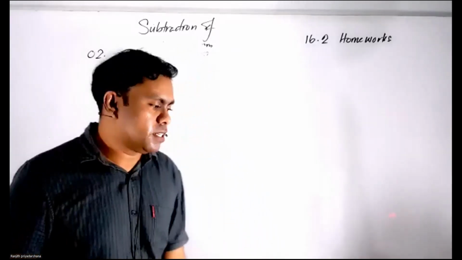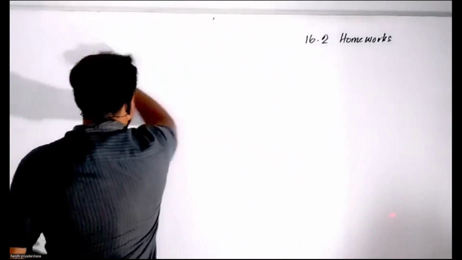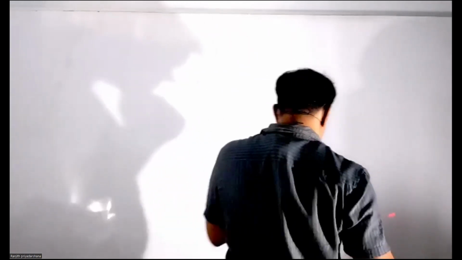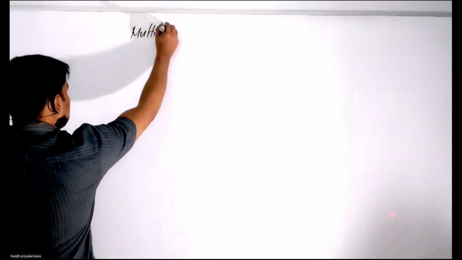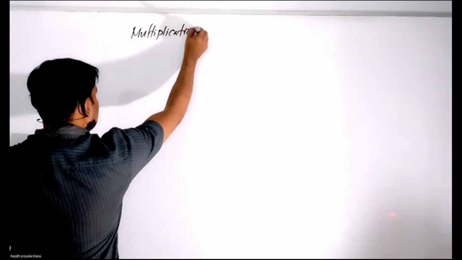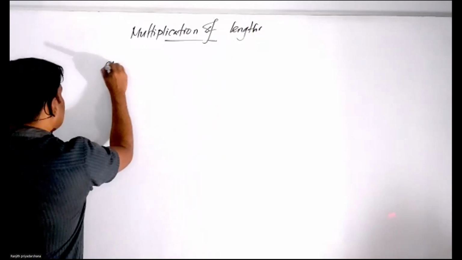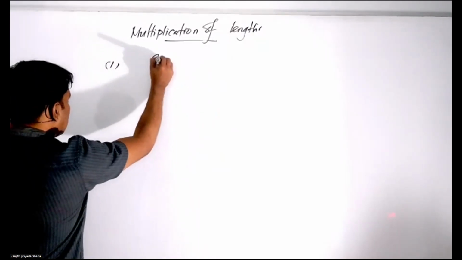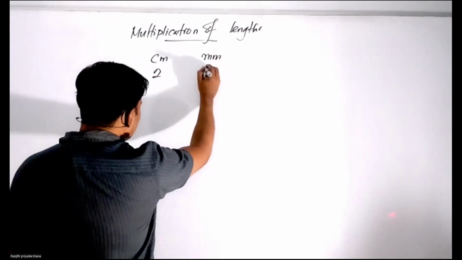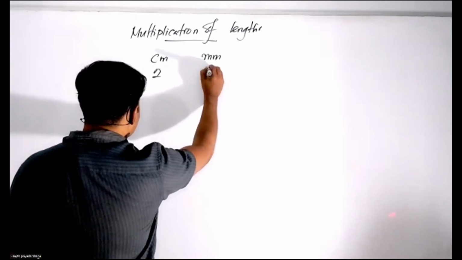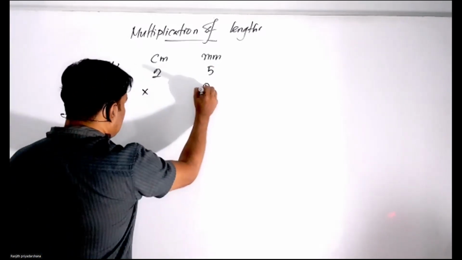Okay, now take down the topic multiplication of lengths. Two centimeters and 5 millimeters have to be multiplied by 2.